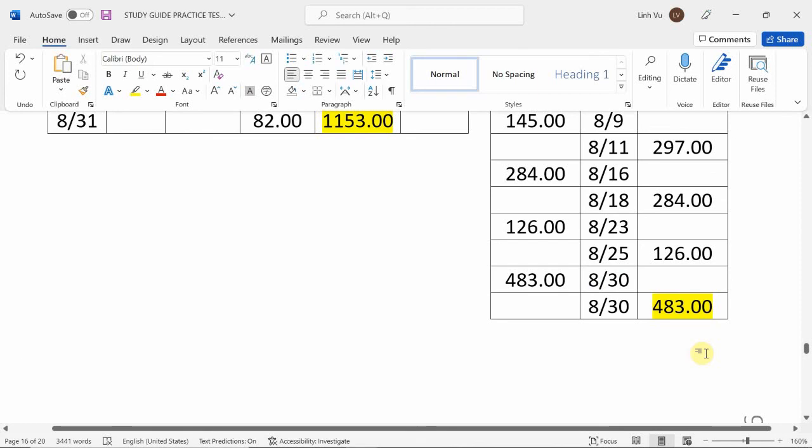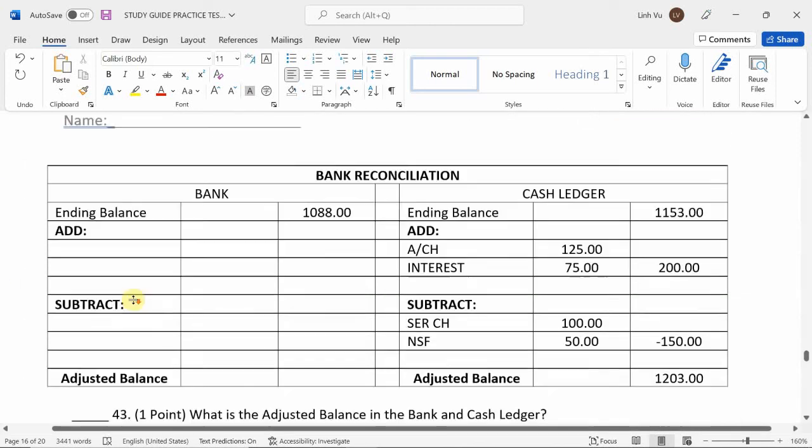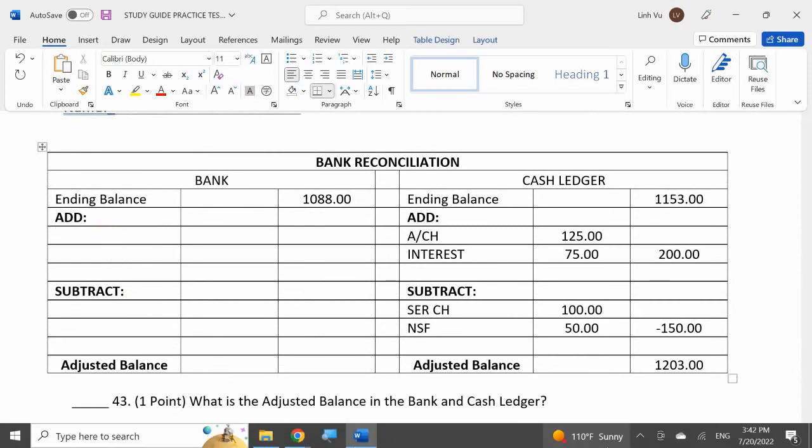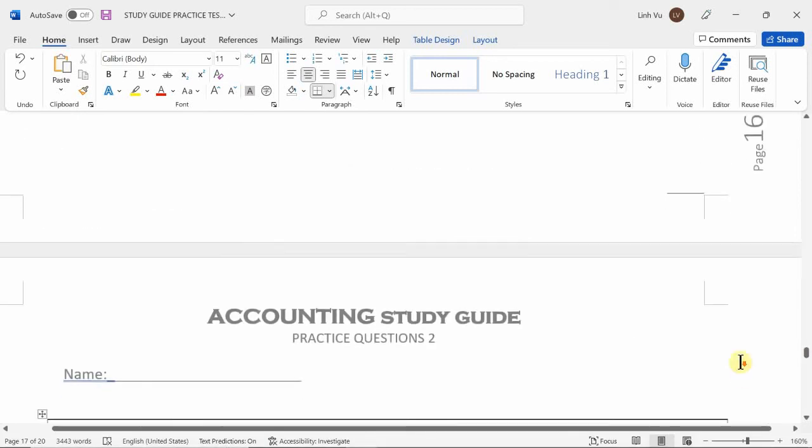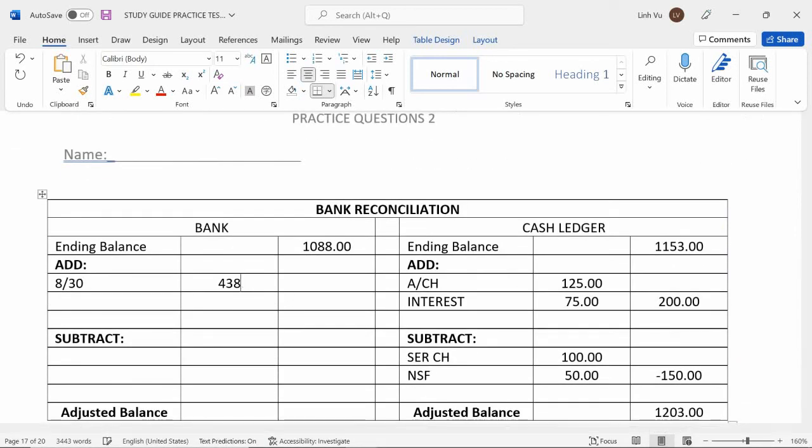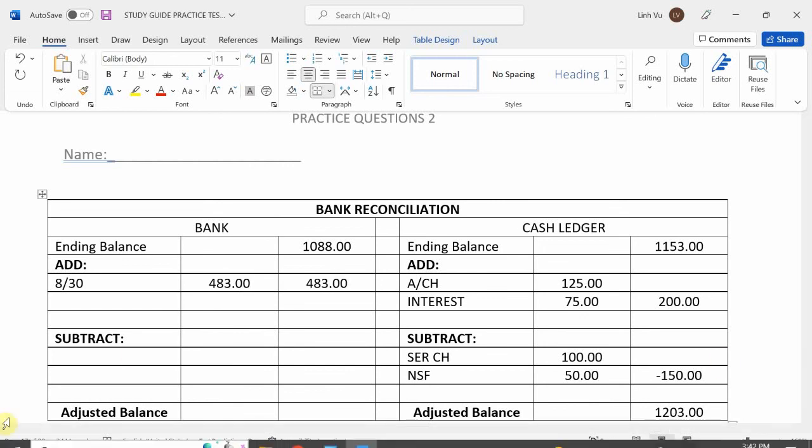So $483 is what I am missing, the deposit on August 30th. Was it 438? No, 483. So therefore, $483.